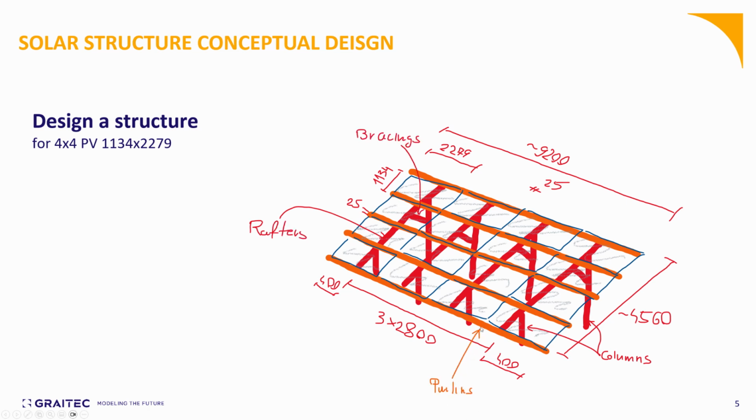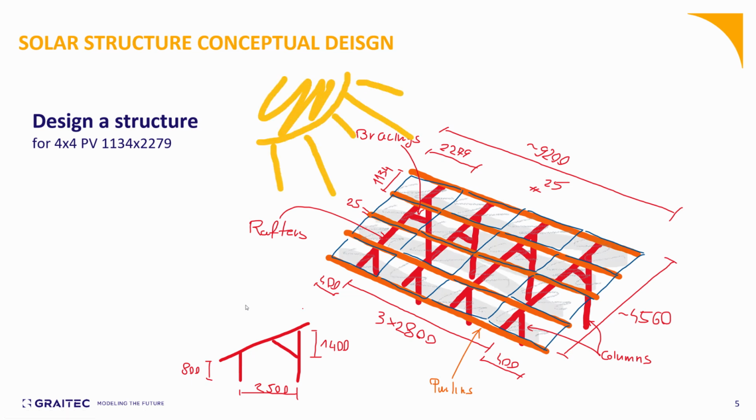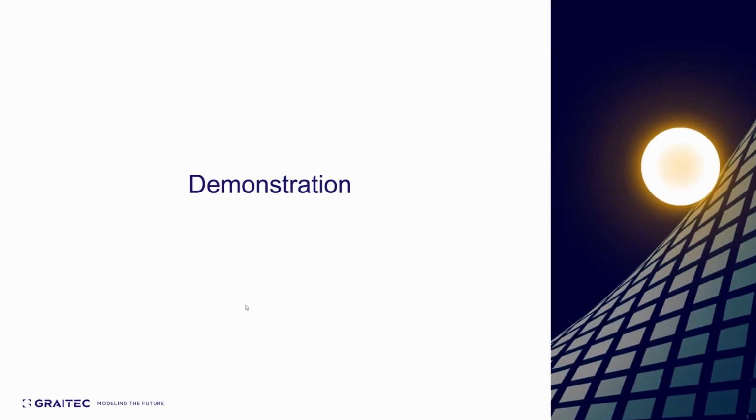As you see here, I have my purlins, added some bracings in this conceptual design, the rafters, and also you see the columns here, and I also have a side view of the frame structure supporting the purlins. So this is our conceptual design, and we will try to create this geometry in Advanced Design using the solar panel generator feature. I will now switch to Advanced Design, and we can see this new tool in action.